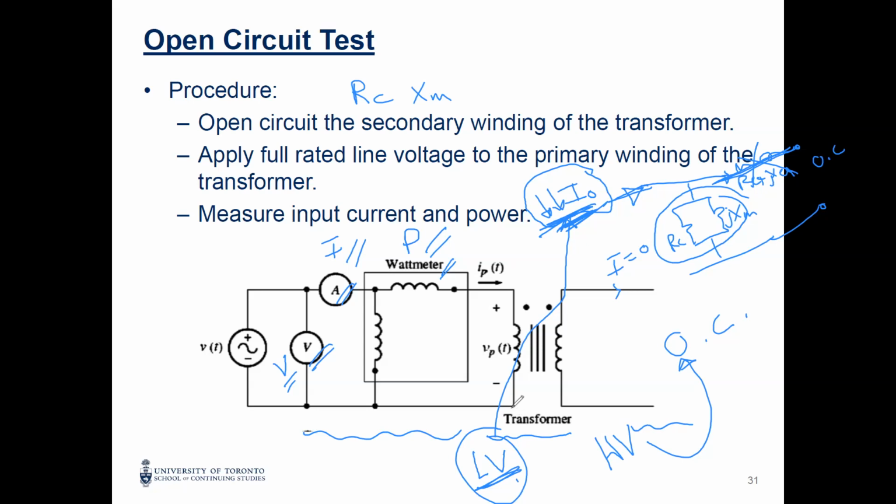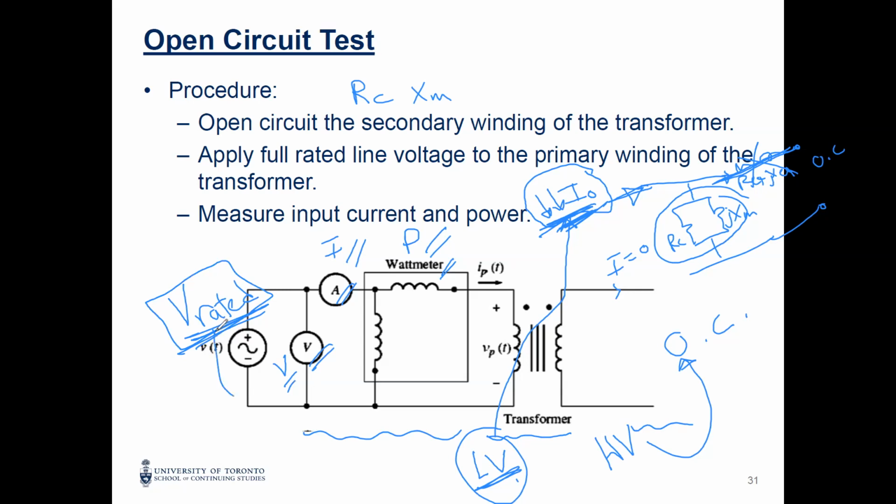Second point. During the open circuit test, we go to V rated, the rated voltage. We increase this once we start the test. We did this test in the University of Toronto labs, so we increased the voltage to V rated.